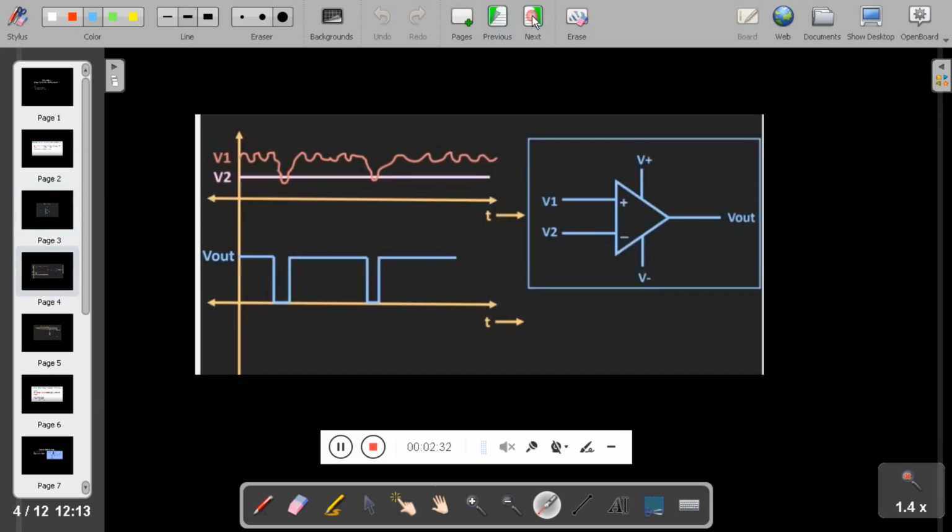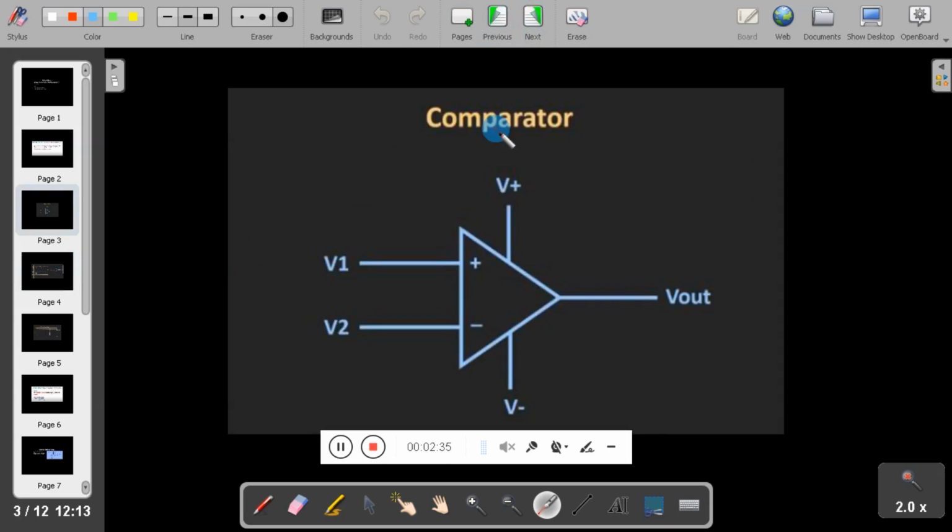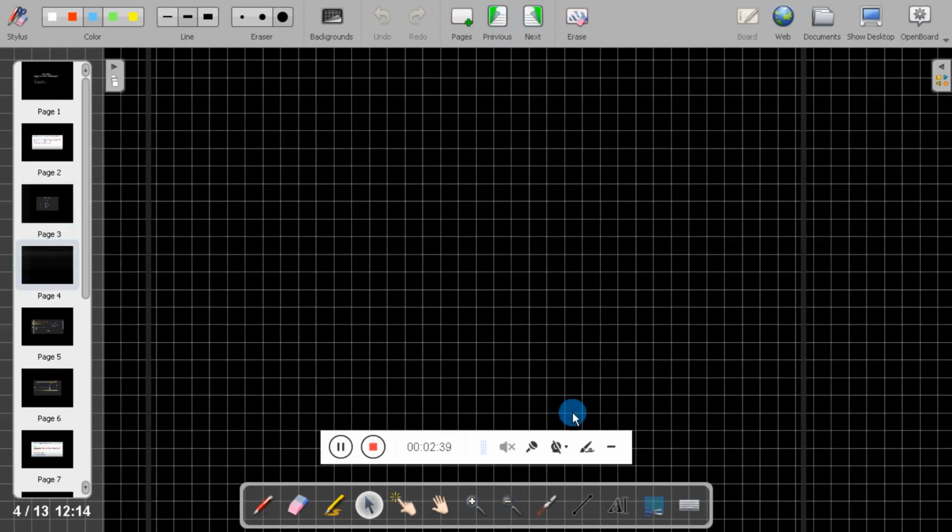Now we will take two input signals, let me draw here. One is V1, the other one is V2.